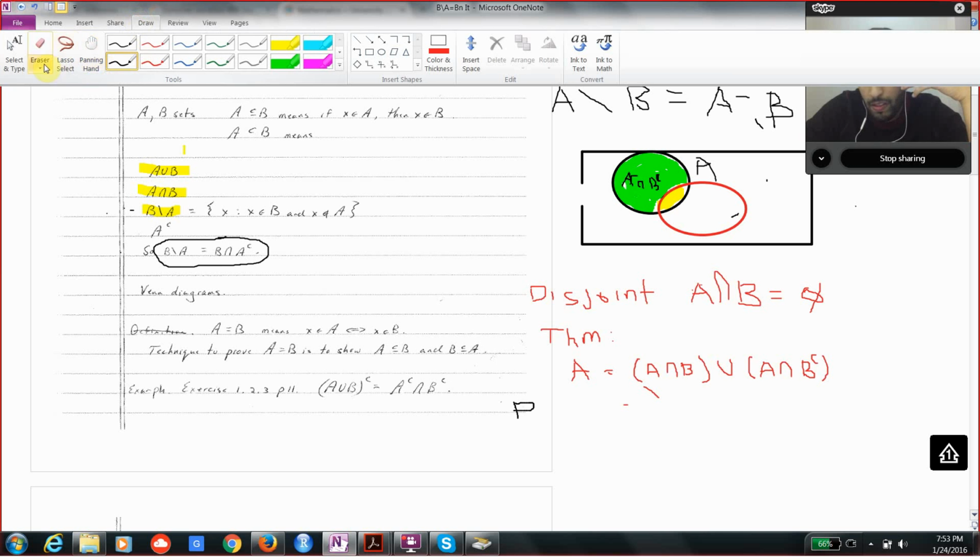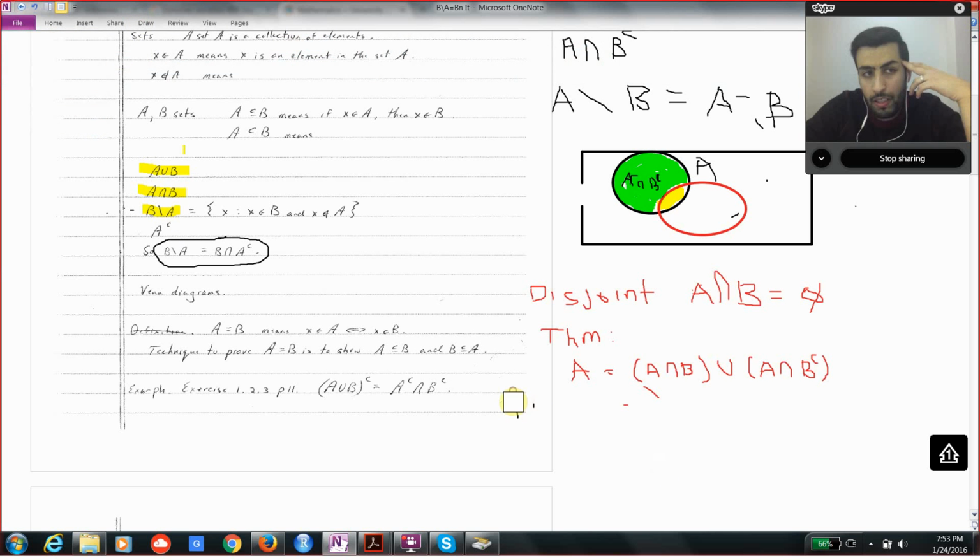How do we prove that two sets are equal?